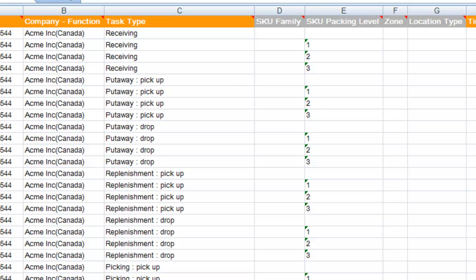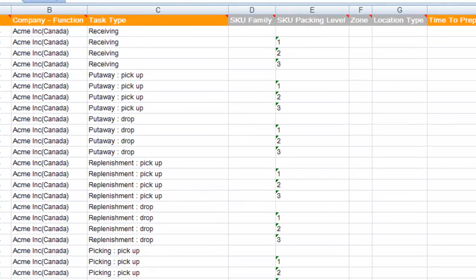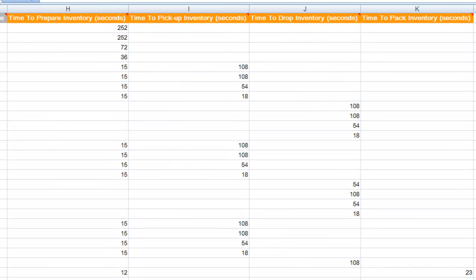OC always applies the most specific values specified for a task type. Time to prepare inventory, pick up inventory, drop inventory, and pack inventory define the standard times to prepare, pick up, drop, and pack inventory for a particular combination of facility, company, SKU family, SKU packing level, zone, and location type.